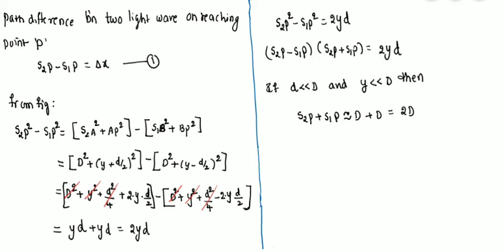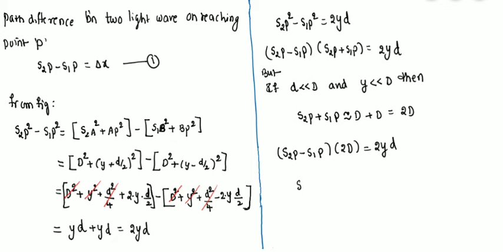This we substitute in the above equation. Then we get (s2p minus s1p) into 2 capital D is equal to 2yd.